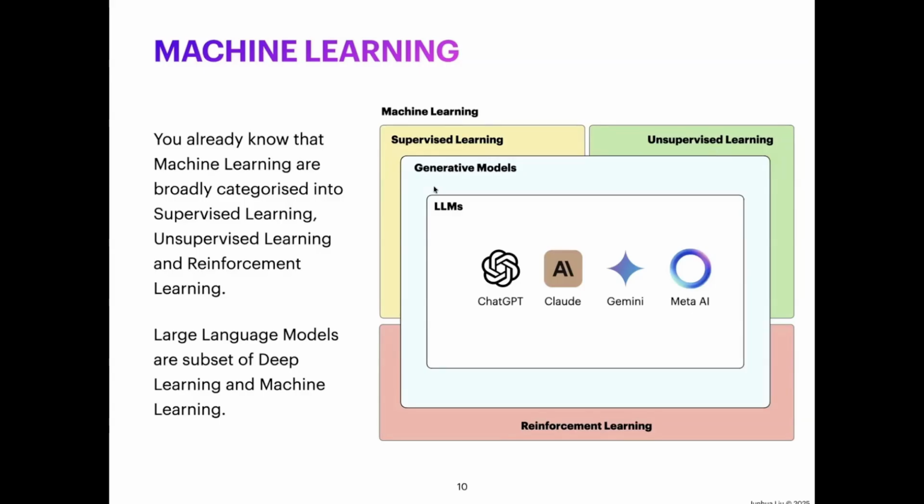Although nowadays, when people, especially non-computer scientists, talk about AI, they often refer to AI as large language models, AI actually covers a much wider spectrum. And we should know that generative models or large language models are a subset of machine learning, which is also a subset of AI.